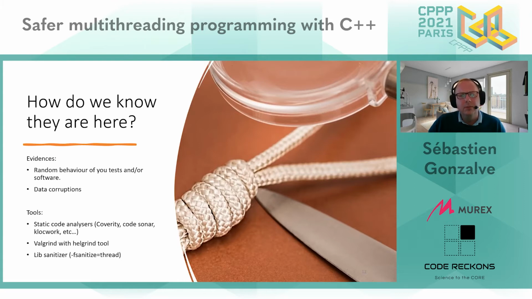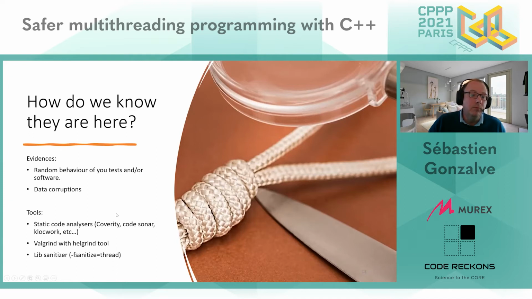It's one time in 50, so it's not really a problem, but it happens sometimes, and no one really knows why. Sometimes you get data corruption. You write something somewhere, and quite astonishingly it changes its value, or you read it and read it again and it's not the same value, but you don't really know why. So this is evidence you can experience as a tester or user, let's say.